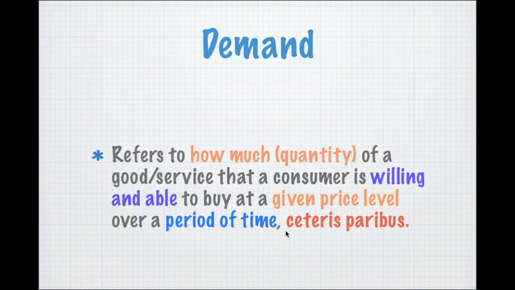If other variables, which we will look at later, change, then the demand for the good will also change. Hence, when we look at this relationship between quantity demanded and the price level, we have to assume that everything else is constant. So once again, demand refers to how much quantity of a good or service that a consumer is willing and able to buy at a given price level over a period of time, ceteris paribus.